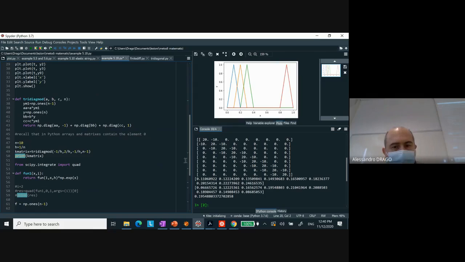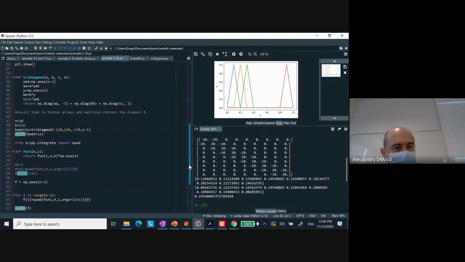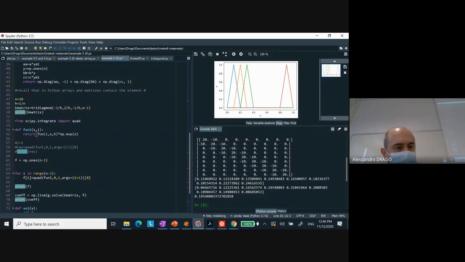Okay, the second point is we need to evaluate the matrix elements of the function f projected on the basis. Since f was just an exponential, in principle one can do this analytically, but let's be more general. Let's try to compute this numerically.